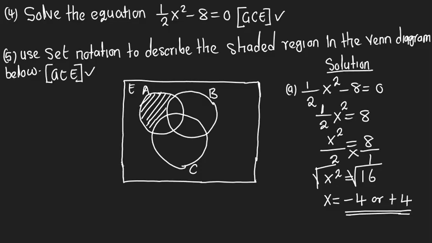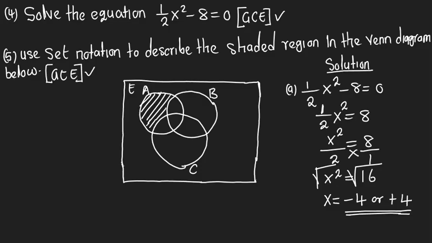So what this simply means is you need to hide your B and your C. So notice that B and C are not shaded.